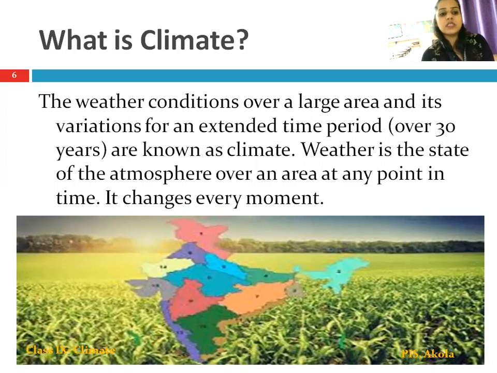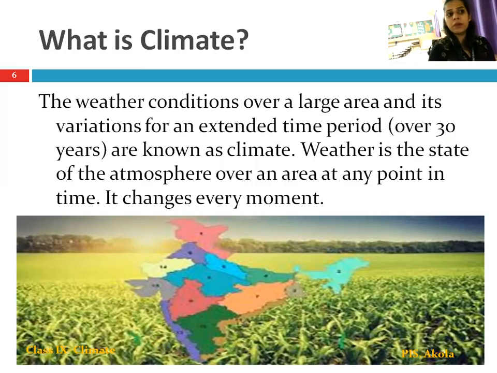It changes every moment. So whenever you talk about daily change in the atmosphere, that has to be referred to as weather. Today's weather is too hot. It's not "today's climatic condition is too hot." Climatic condition refers to a larger duration of time, which is minimum 30 years, wherein weather changes in every single moment.